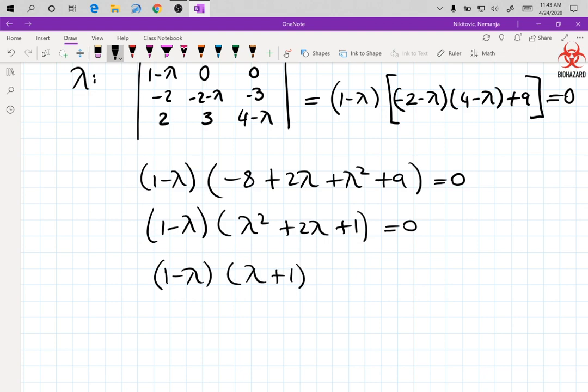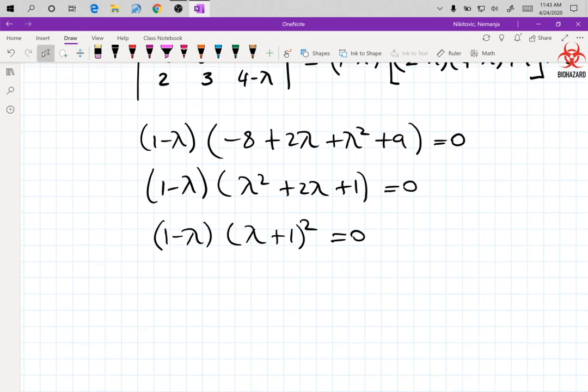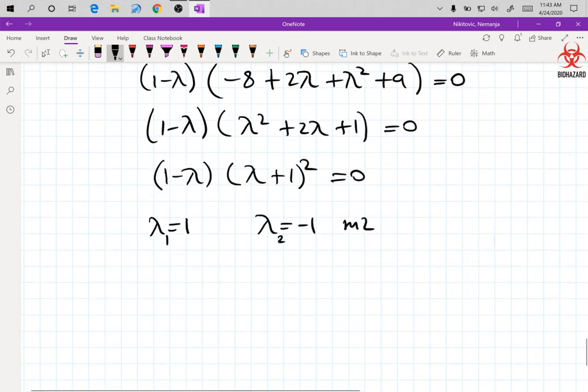Lambda plus 1 squared equal to 0. So I get lambda equals 1. And lambda equals negative 1 with multiplicity 2. So I have repeated lambda. You can call this lambda 1, and this is your lambda 2.